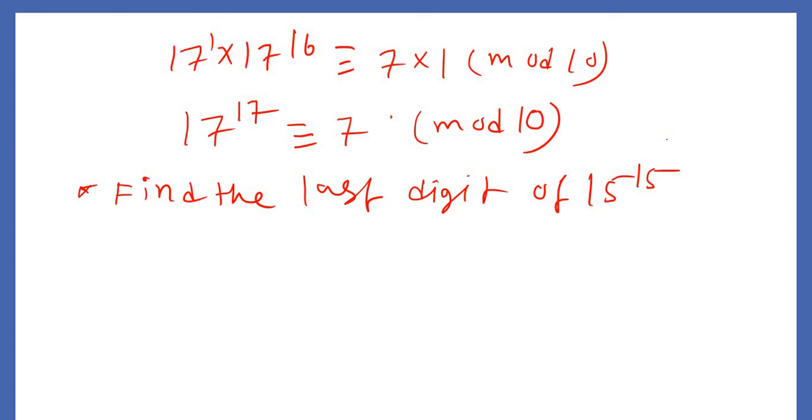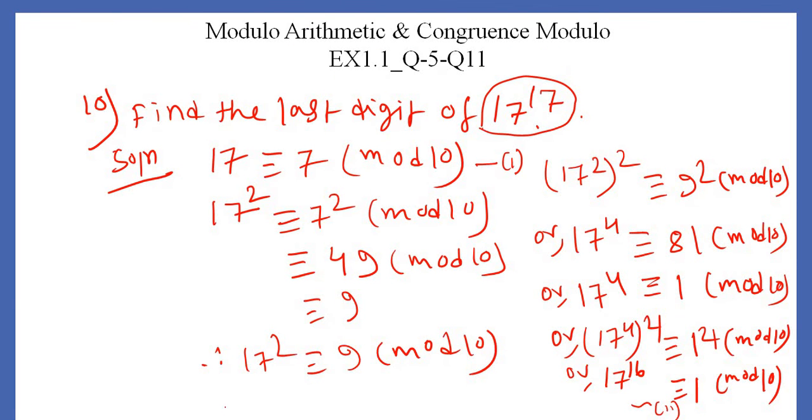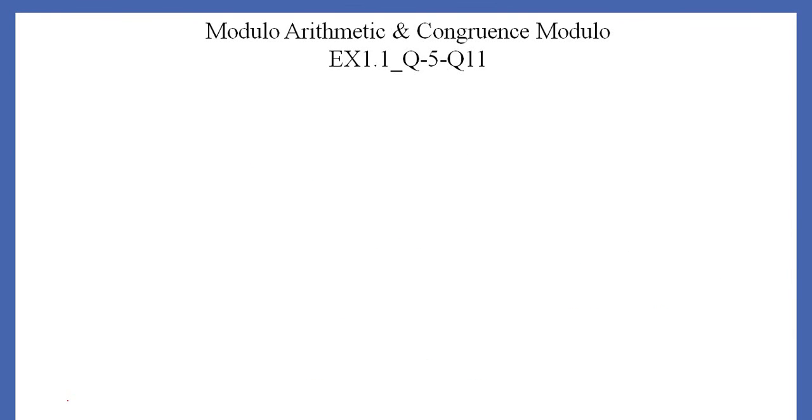Okay. Only 2 questions remain. So let us do question number 11. Actually in exercise 1.1 it goes up to 12. So in this video we will solve up to 12, not up to 11.